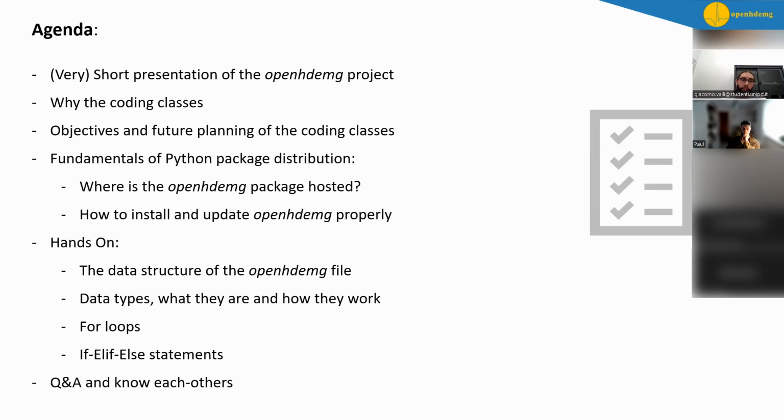And then we start talking about why we are doing the coding classes. We will present the objectives and the future planning of the coding classes, and then we go immediately into the more, let's say, interesting parts. So we'll talk about the fundamentals of Python package distribution. So where is the openhdemg project hosted? And once we understand this, we also understand better why we need to install the openhdemg library in a certain way. And we will also see how to do that.